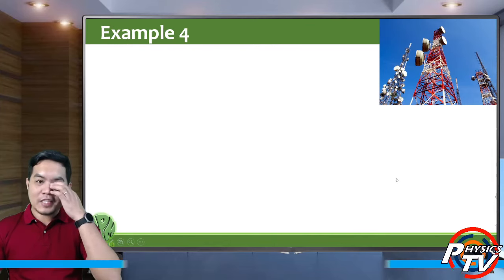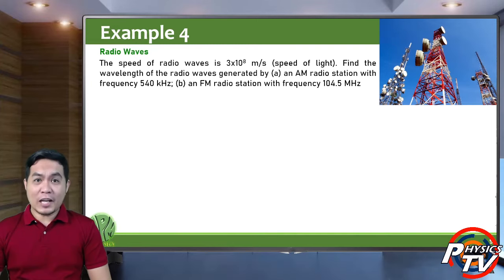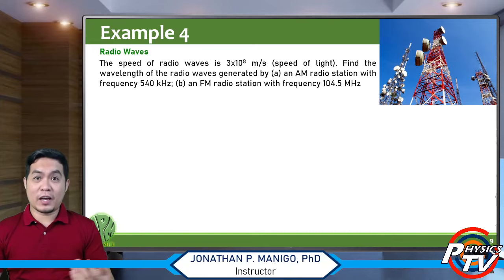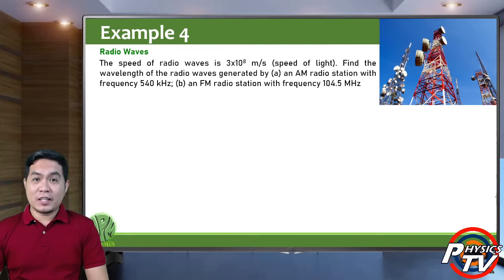For our last example, we'll consider radio waves. Again, radio waves are not mechanical waves. They're electromagnetic waves. Bluetooth and Wi-Fi are radio waves, and they are the same waves generated by your radio stations.